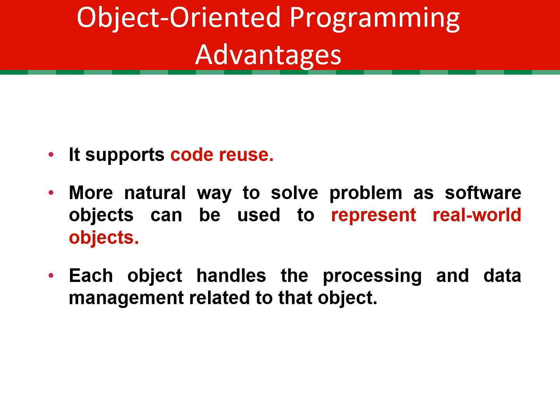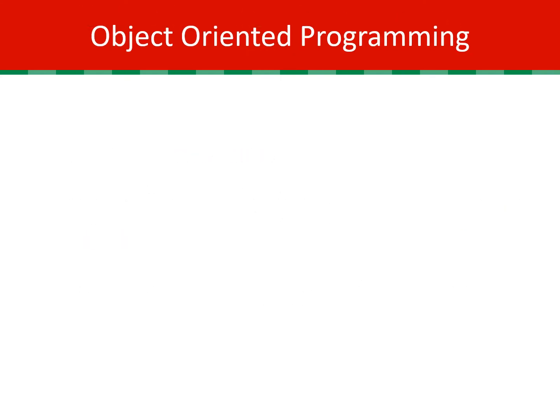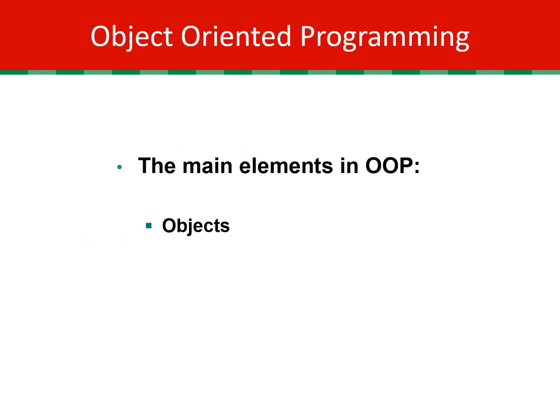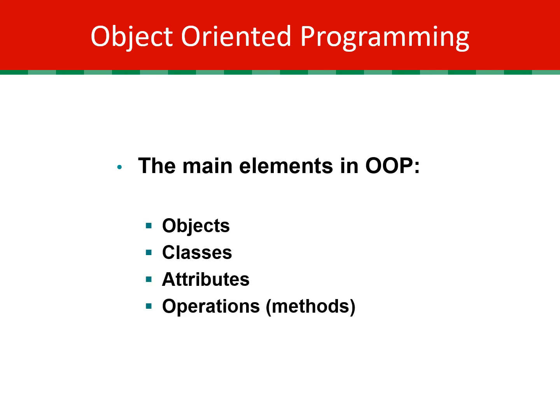And it allows better process and data management of the objects. In object-oriented, there are four main elements: the object, the class, the attributes, and the methods.